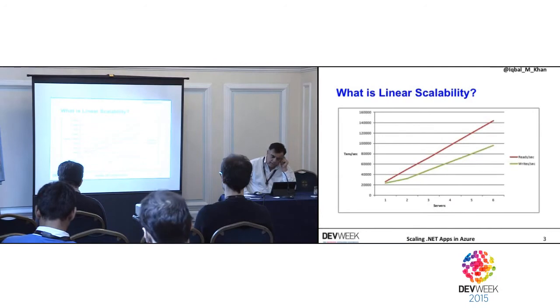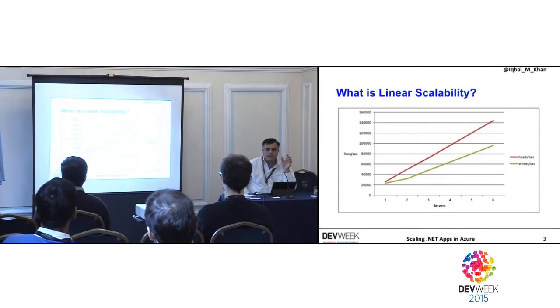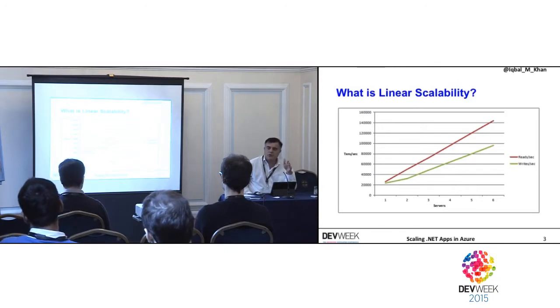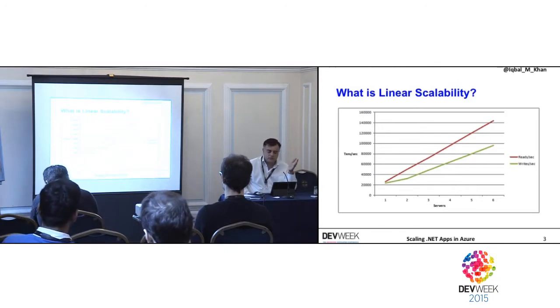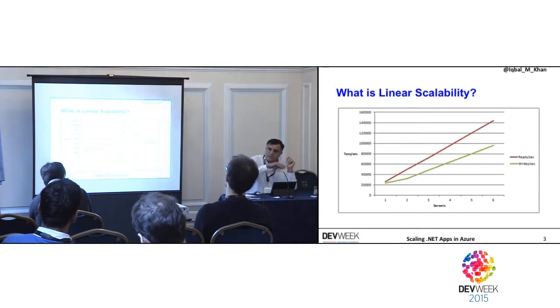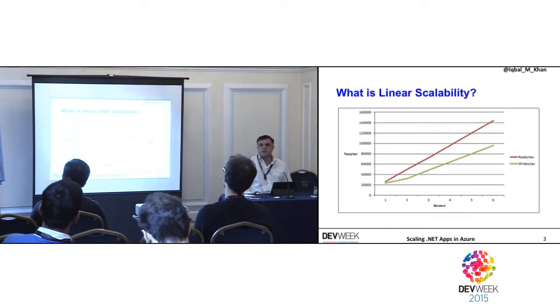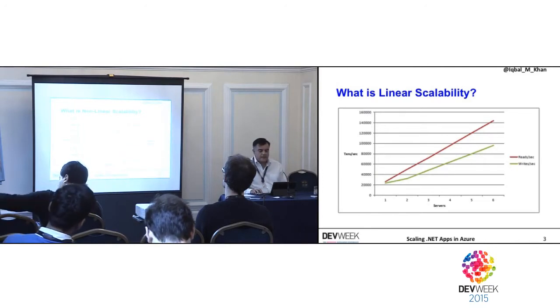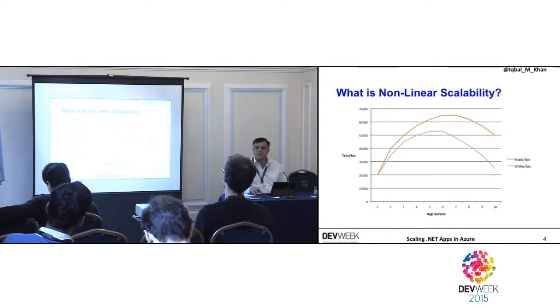What is linear scalability? It is if you add more servers to your infrastructure, and these could be your web servers, your application servers, your transaction capacity, your capacity to handle more and more users should also increase in a linear fashion. As compared to a non-linear scalability, where initially, as you add more servers, your performance increases, but as you can see, it's increasing at a decreasing rate.